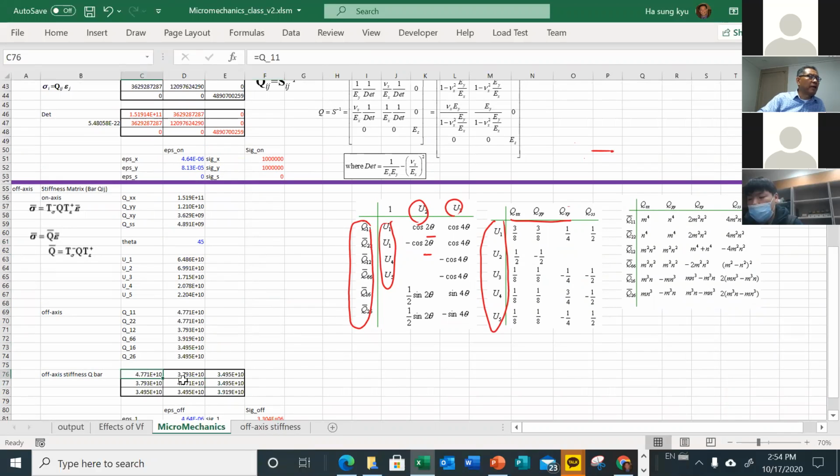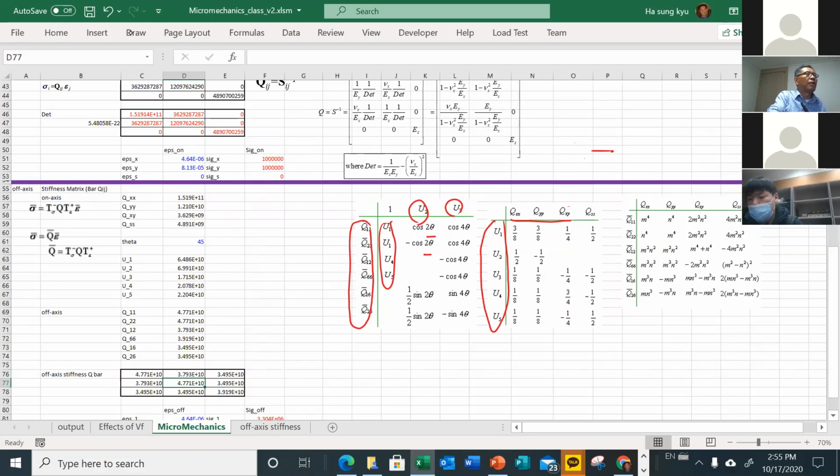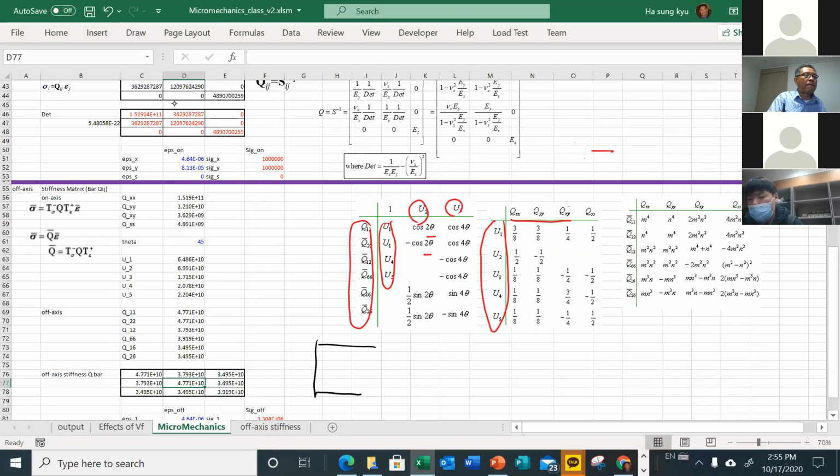And 45, well, 45 is easy to confirm, but the one for sure is that this term and that term are the same. Why are Q11 and Q22 the same? Well, since we have the 45-degree transformation, the stiffness in this direction and the stiffness in this direction will be the same.